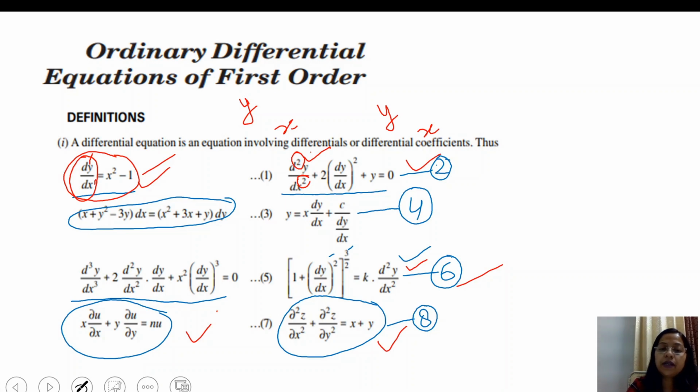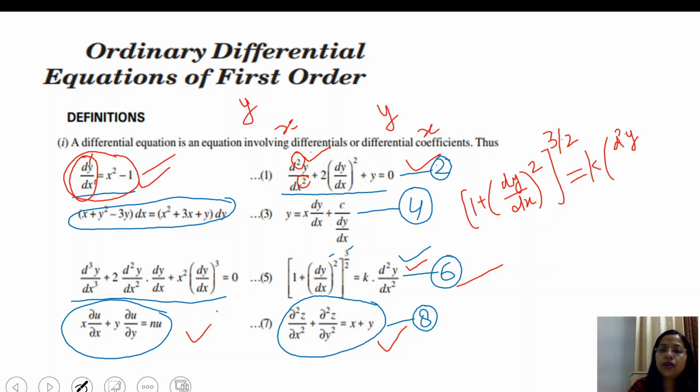Let me solve it. Here it is 1 plus dy by dx whole square raised to the power 3 by 2. So to remove this 3 by 2, what should I do? I'll take the whole power as 2 by 3 of the whole equation. Understood?